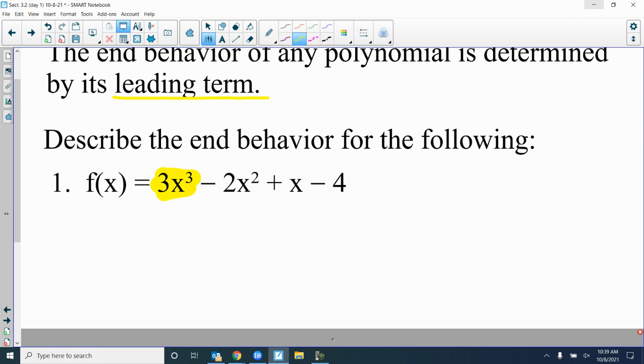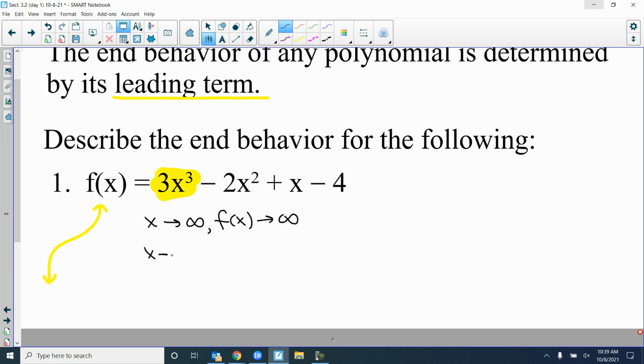If you need to look at the front, what does that graph look like? Just the general shape. It starts low and goes high, right? What's its end behavior? As x goes to infinity, f of x also goes to infinity.